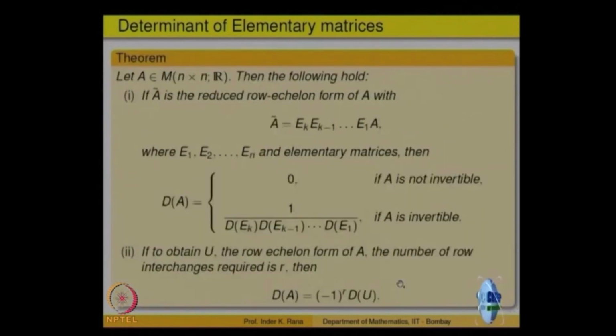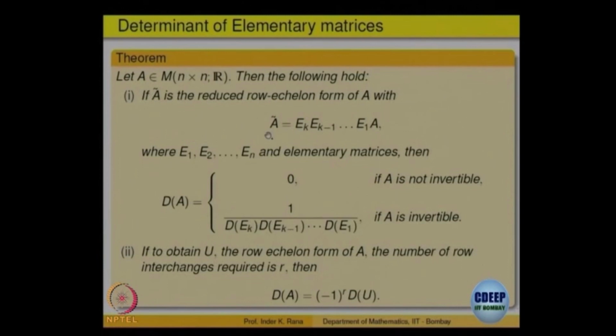Okay. Now, let us come to the consequences. Suppose a matrix A is changed by row operations to A tilde, that is the reduced row echelon form of A. Then what will it look like? Some elementary matrices multiplied by A, right, that we have seen.